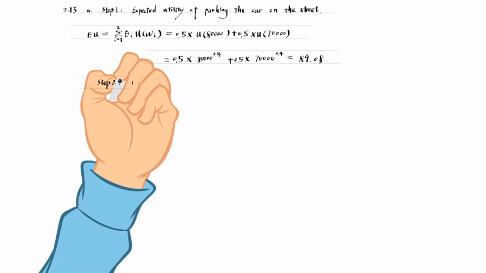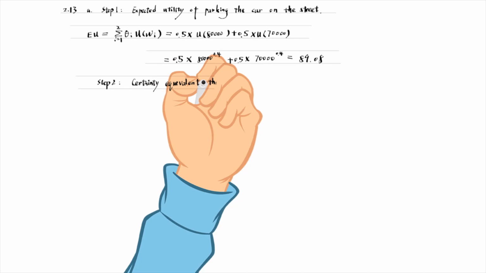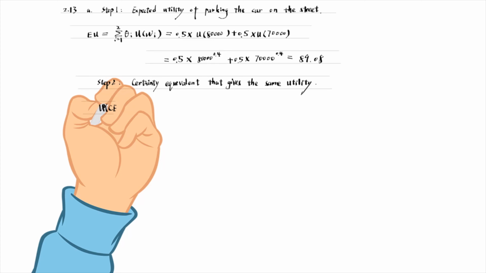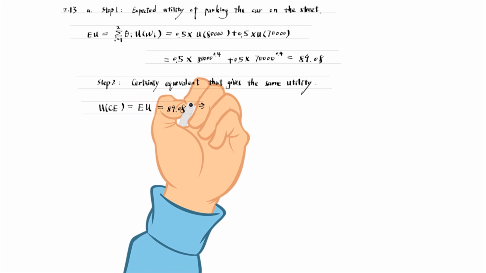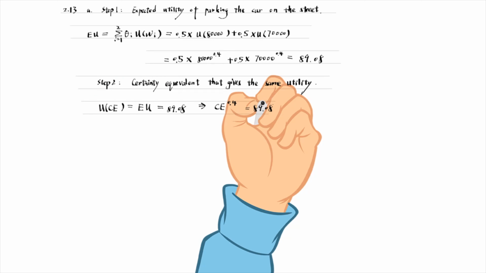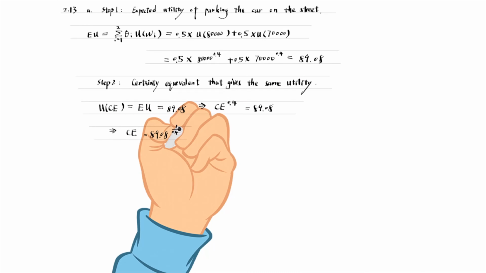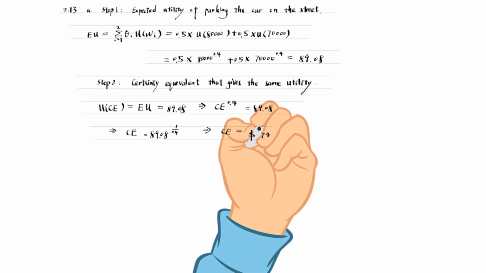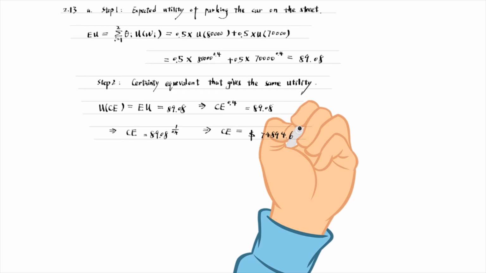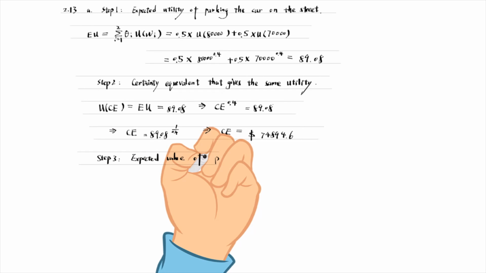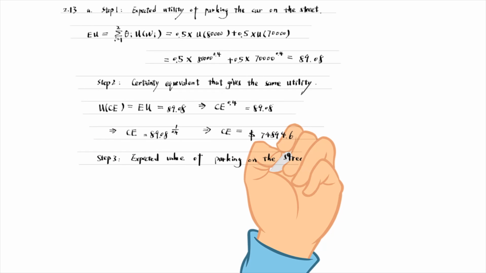In the second step, we calculate the certainty equivalent that gives Carolyn the same utility. It is $74,894.6. In the third step, we find the expected value of parking the car on the street.